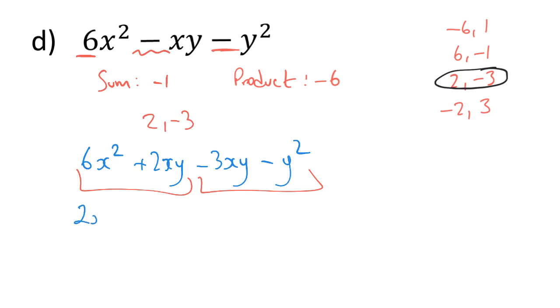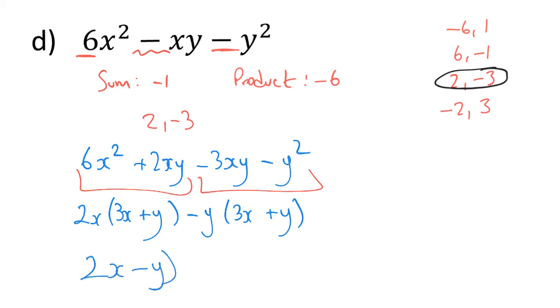So we've got 2x is common to both, and inside we've got a 3x plus y. Repeat the bracket, 3x plus y, and then we think, well, how do we get from 3x to minus 3xy, and from y to minus y squared? So we need a minus, and we also need a y. So then the factorised form is going to be 2x minus y, and 3x plus y.